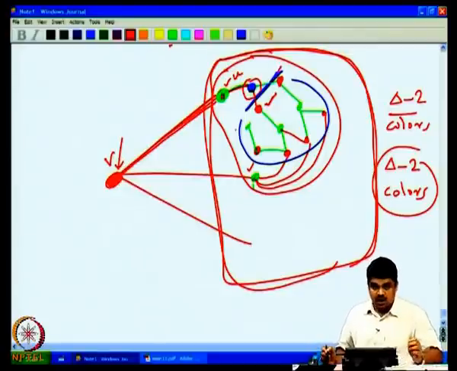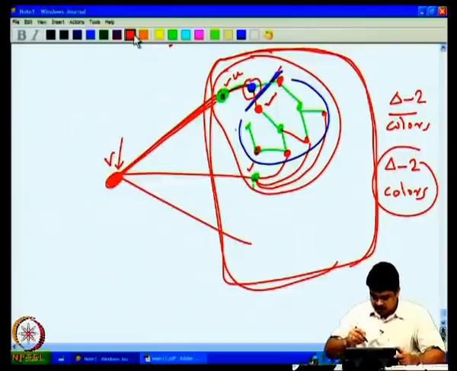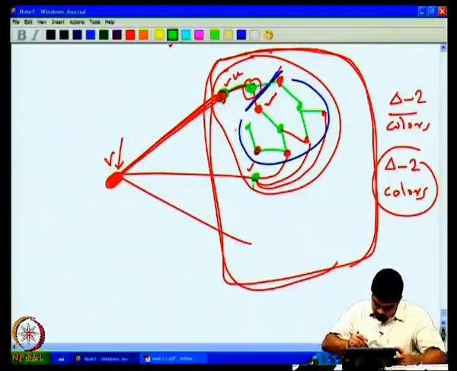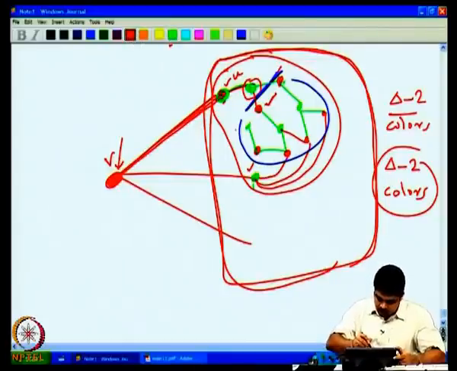The original thing. So therefore what I can infer is this is red, this is green. This green cannot have 2 red neighbors, maximum 1 red neighbor. Other than this earlier one, it can have only 1 red neighbor.